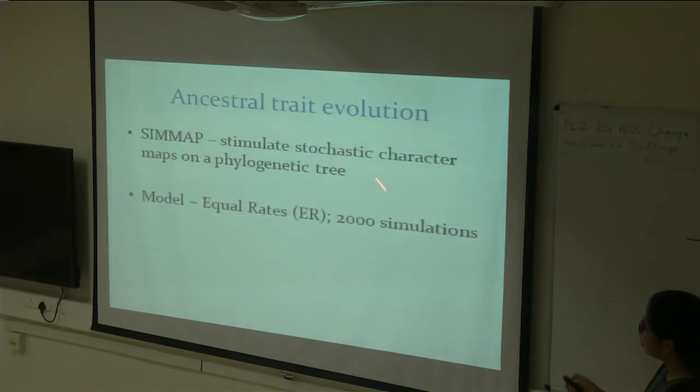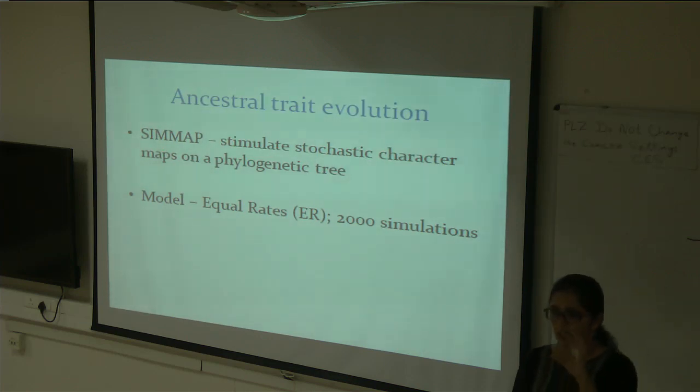So we used the Bayesian method or SIMMAP, which we haven't discussed, but we also used the likelihood method with equal rates. So the stochastic mapping, the advantage here is, remember we said we are not incorporating phylogenetic uncertainty. We have one tree topology, which is the input tree, and the branch lengths depicted in that tree topology will be taken.